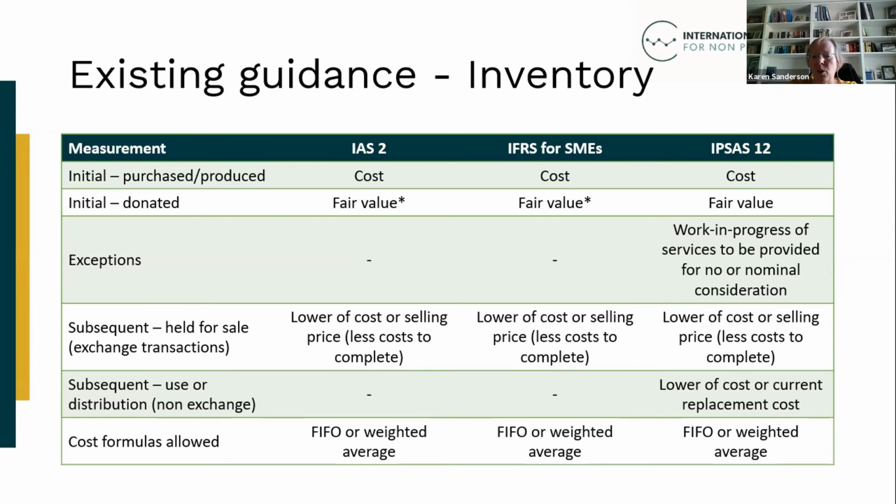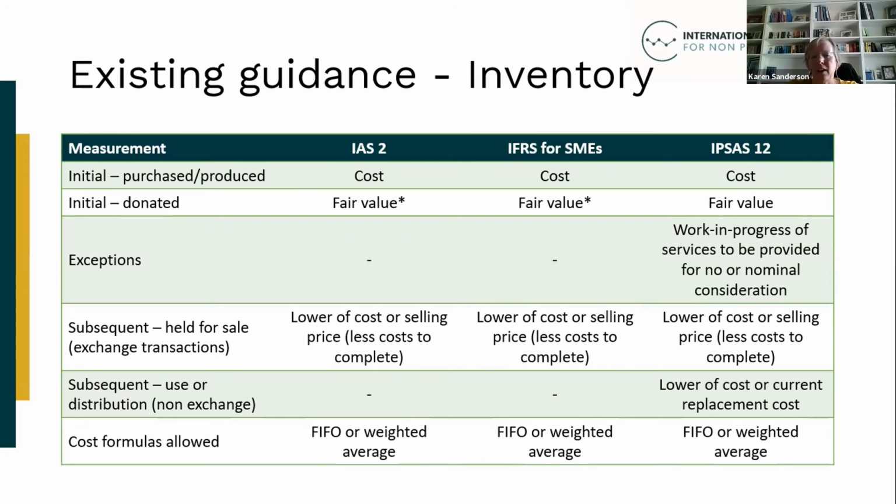IPSAS 12 also requires that contributed inventory is initially measured at fair value, with inventory held for use or distribution subsequently measured at the lower of cost and current replacement cost. There isn't an equivalent of this in IFRS or IFRS for SMEs.